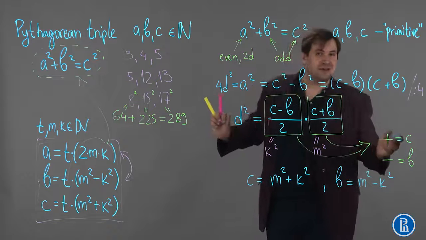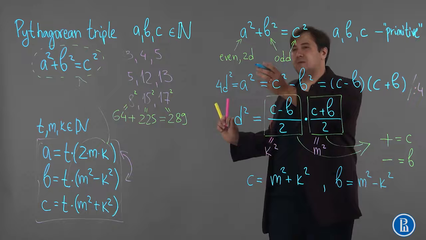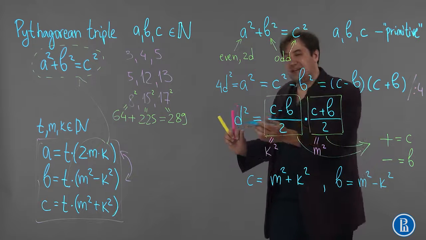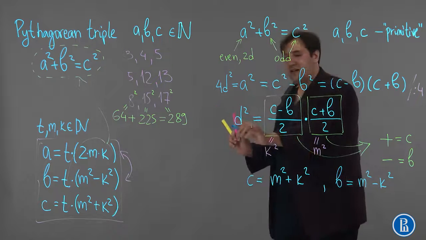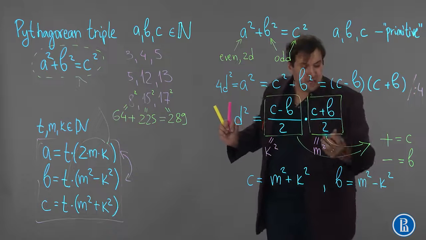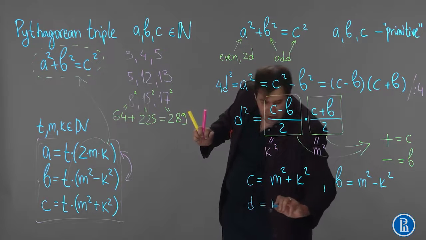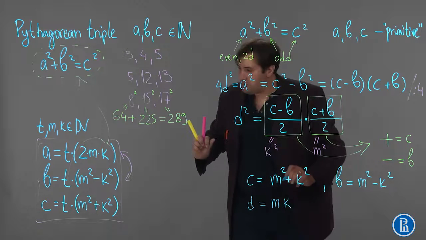And what about a? Well, a is equal to 2d. And what about d? Well, we see here that d square is equal to k square m square, from which it follows that d is equal to m multiplied by k.